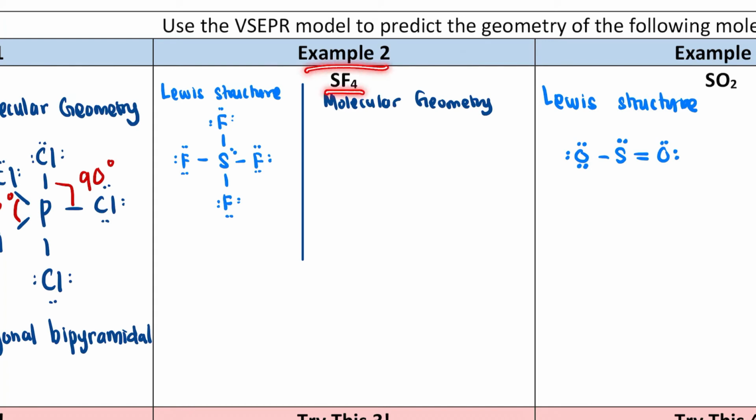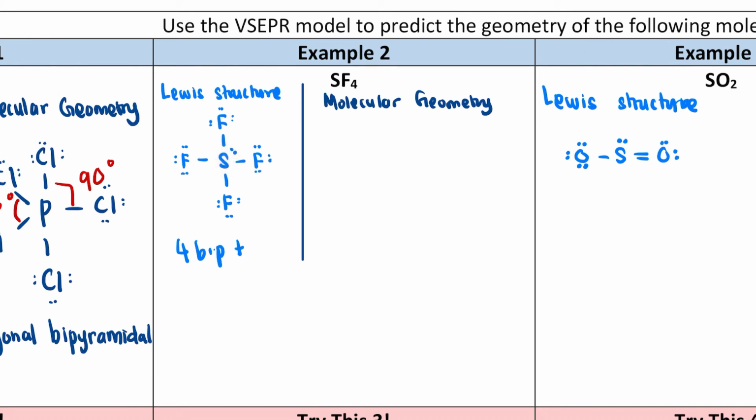Alright, so let us look at example 2. Okay, so example 2 is SF4. Okay, so this is the Lewis structure of SF4. So as you can see at sulfur dekat sini ada 1, 2, 3, 4 bonds. Okay, 4 bonding pair. Okay, so bila dia ada 4 bonding pair and then dia ada dekat tengah tu, kalau kamu perasan sulfur ni ada satu lone pair.